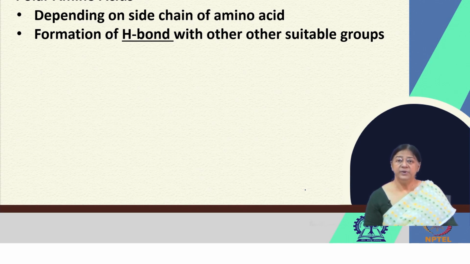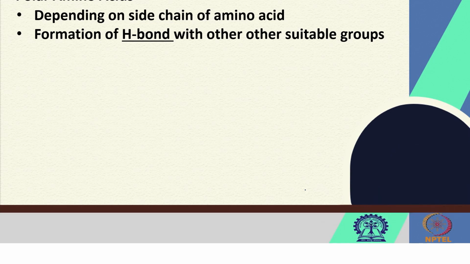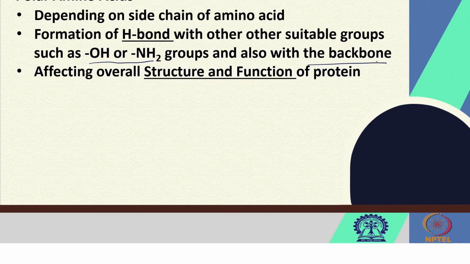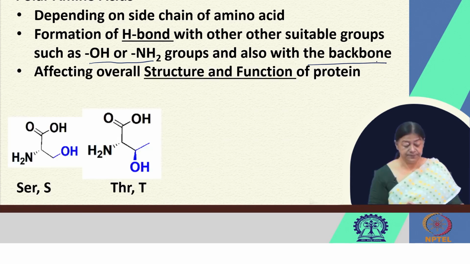It can be hydrophobic in nature, or it can have heteroatoms that will result in hydrogen bonding with other suitable groups that may be on the backbone or on another side chain. So, we have the OH or the NH2 groups, and also the backbone.